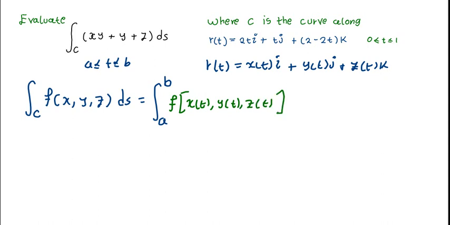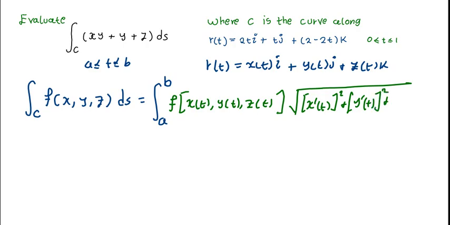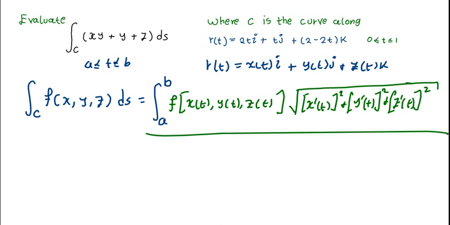Then this you're going to multiply by the square root of x prime of t squared, plus y prime of t squared, plus z prime of t squared, like that. Okay, so this is basically what we're going to be doing. So we just have to keep that in mind.